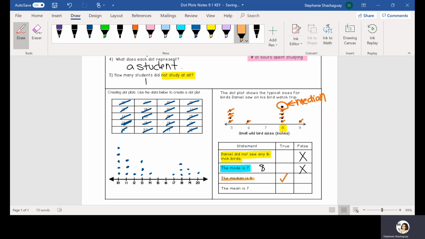Okay, the mean is 7. Well, to figure out our mean, we have to add all of these values together. So we have 5 four times, so 5 plus 5 plus 5 plus 5.